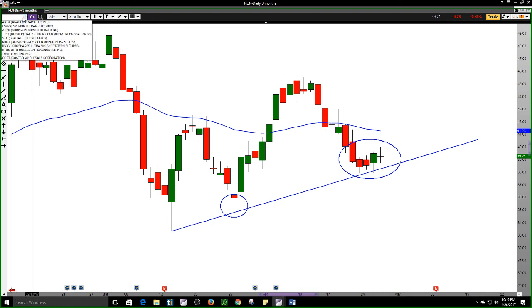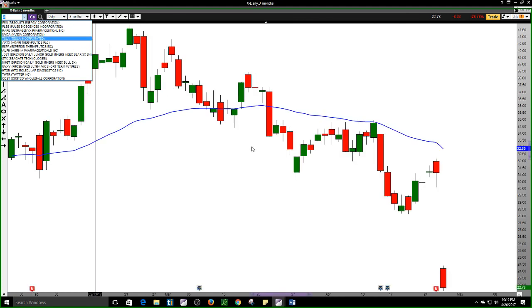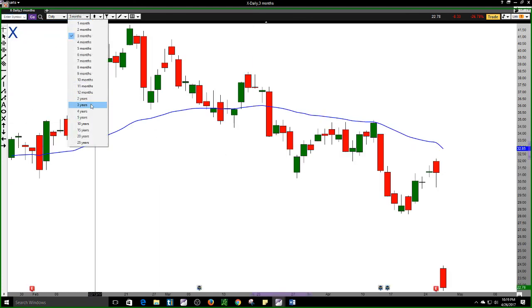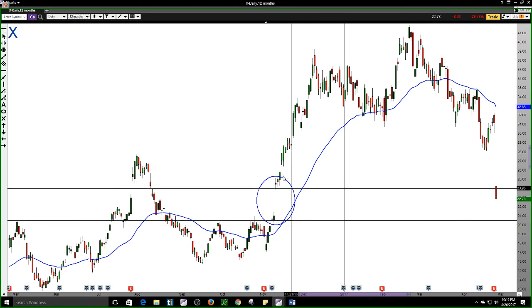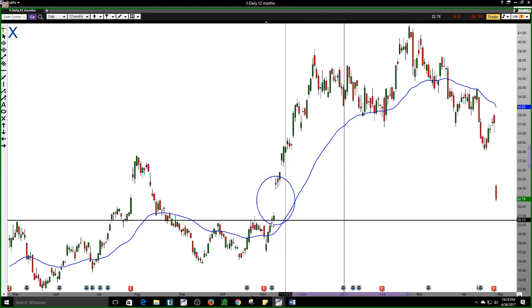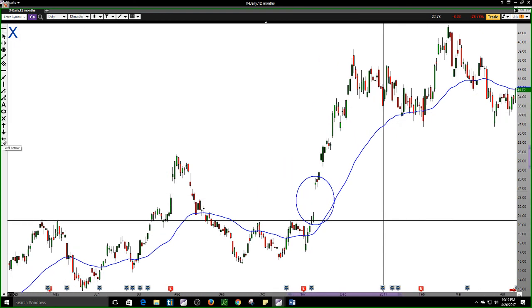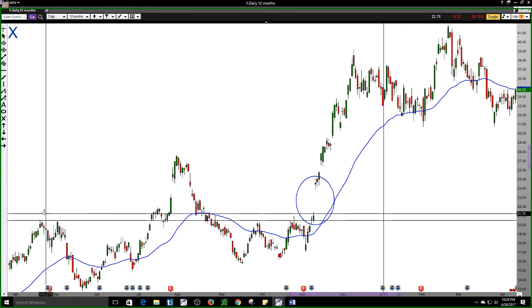As far as X, the gap fill is what I was looking at on the daily. There's a gap fill all the way down to here on X, and that puts you right down into that $20.50. What I also like about it, not just the gap fill, are the pinpoint reasons.